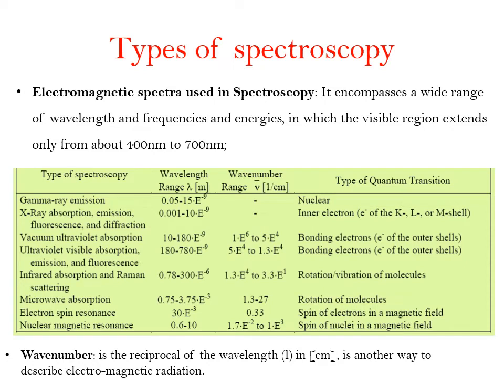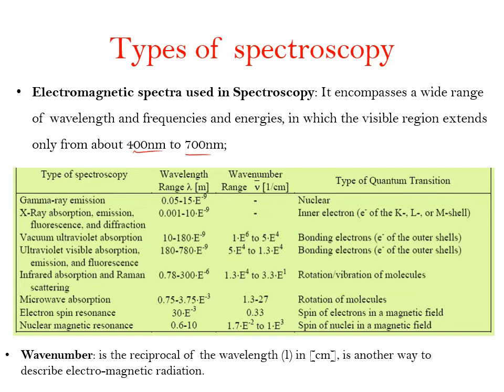There are different types of spectroscopy techniques based on the type of radiative energy involved in the interaction. The electromagnetic spectrum used in spectroscopy encompasses a wide range of wavelengths, frequencies and energies, in which the visible region extends only from about 400 nanometers to 700 nanometers.